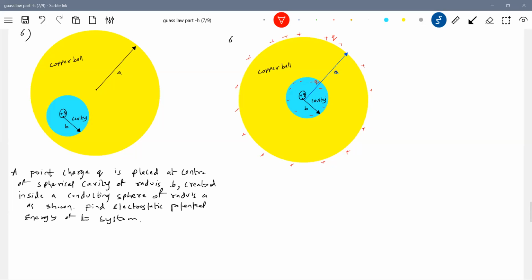You're asking for electrostatic energy. Tell me what all we have here. Point charge, electrostatic energy is being asked. So I'll go for this one. There'll be interaction potential energy between the point charge and the inner surface of the cavity. So KQ times minus Q by B. There'll be interaction potential energy between the point charge and the outer charge. There'll be interaction potential between the inner charge on the cavity and the charge on the outer surface.